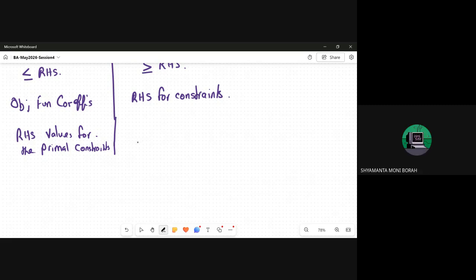Can someone tell me? Exactly. This will become the objective function coefficients.